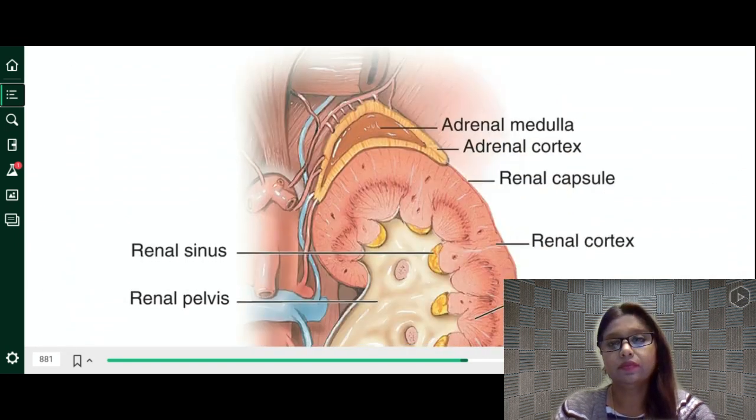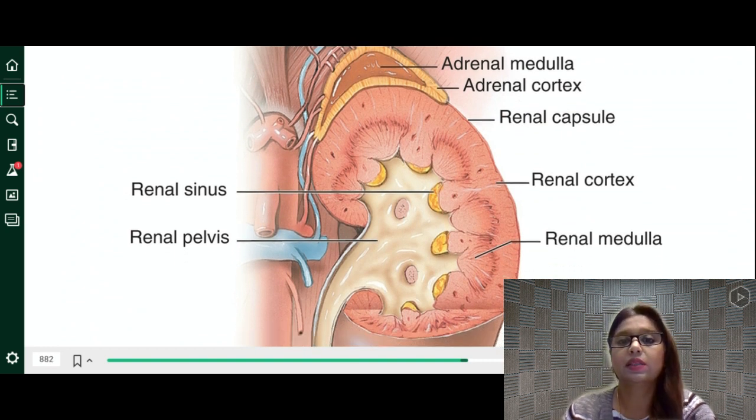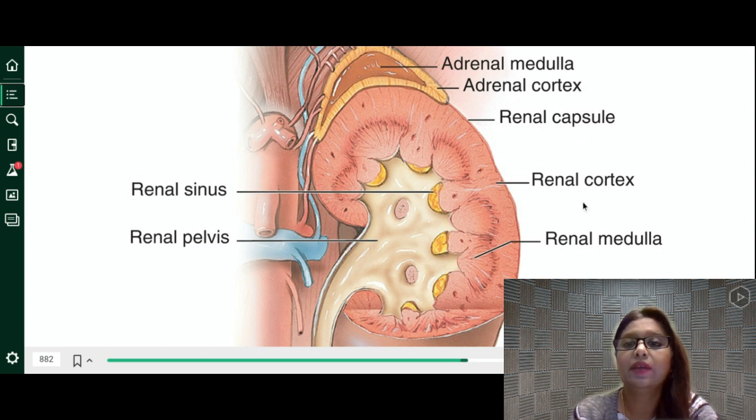Now, this is a very nice picture of the kidneys. Kidneys look like this, and they have a little crown on top of their head. You see the adrenal medulla and adrenal cortex sitting on top of the kidney. Then you have the renal capsule, renal cortex, renal medulla, renal sinuses, and renal pelvis.